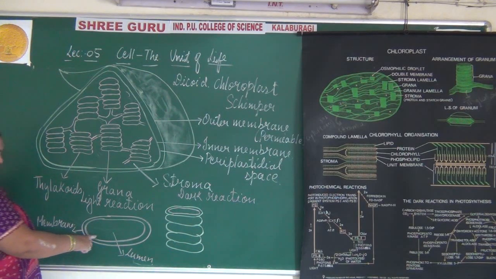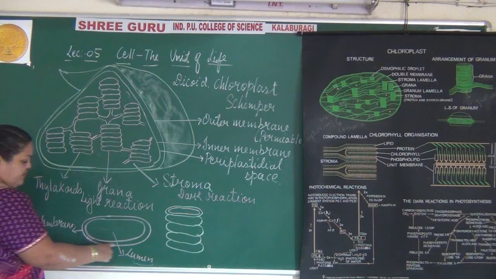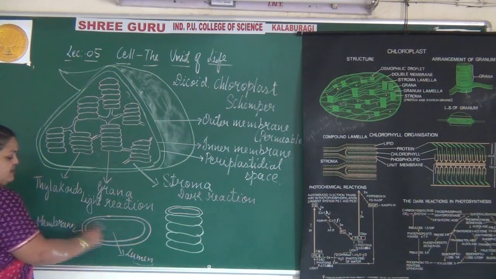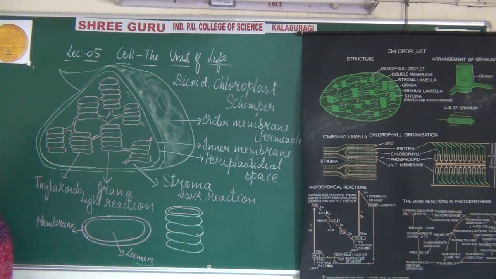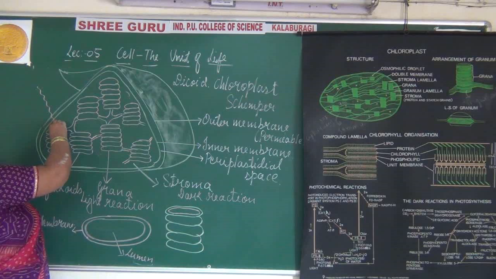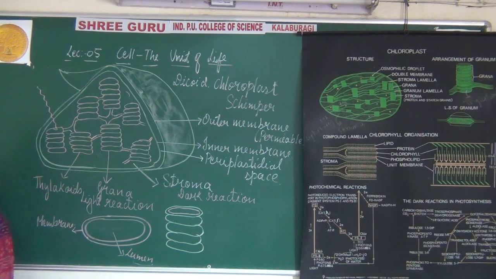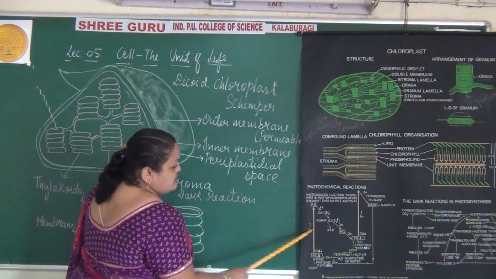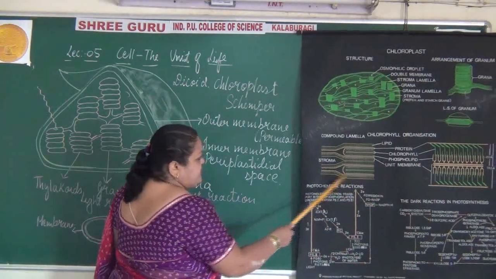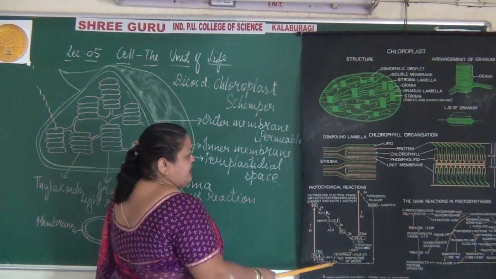Each of the thylakoids has a membrane with the lumen. This membrane has the photosynthetic pigments. So when the light falls on the thylakoid membrane, with the help of that solar energy... this is a rough representation, a representation of the cycle.